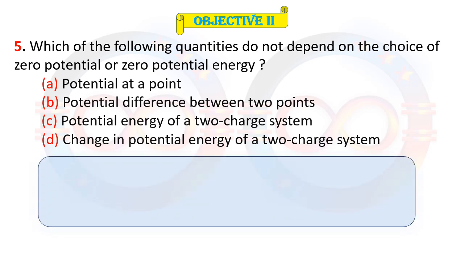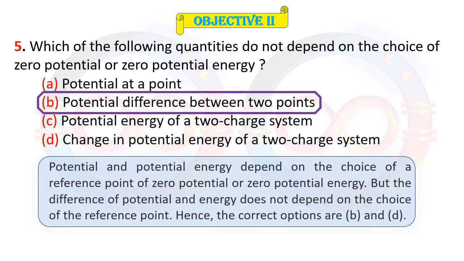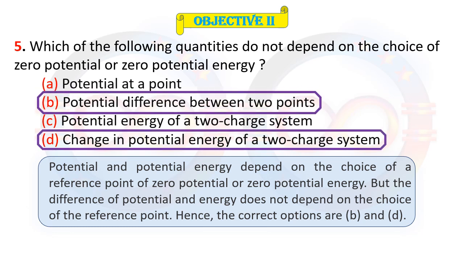But when we think about the change in potential energy or change in electric potential, that does not depend upon the choice of zero potential, whether it is infinity or any other point. So potential and potential energy depend on the choice of a reference point, but the difference of potential and energy does not depend on the choice of reference point. The change or the difference does not depend.